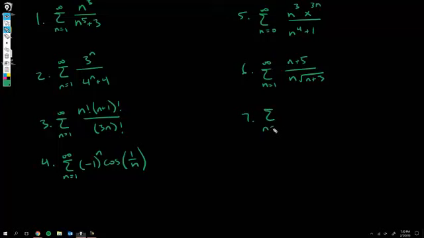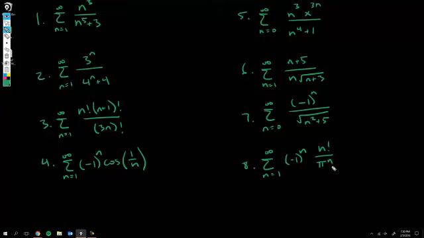So I have the sum from 0 to infinity of negative 1 to the n power divided by the square root of n squared plus 5. Last one is 1 to infinity of negative 1 to the n power times n factorial over pi to the n power.